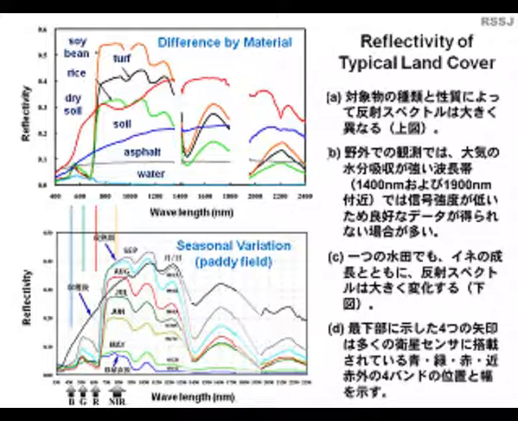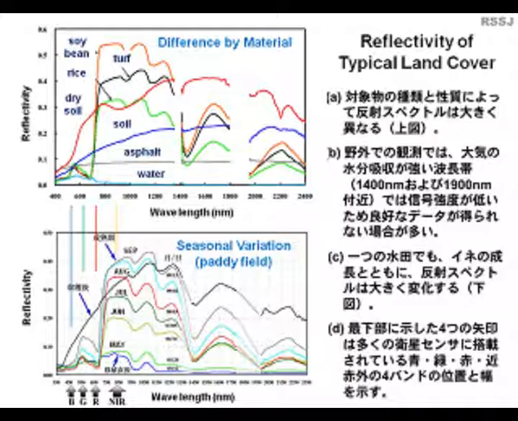This is the reflectivity of typical land cover materials. The horizontal line is wavelength, and around here is the visible region: blue band, green region, and red region. Around here is the near infrared region, and around here is the thermal radiation infrared region.